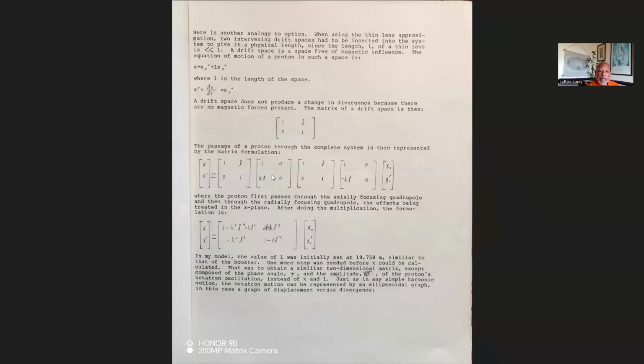Now remember, this first 2x2 thin lens approximation is the radially focusing, horizontally focusing, and axially defocusing, vertically defocusing element of a quadrupole magnet.